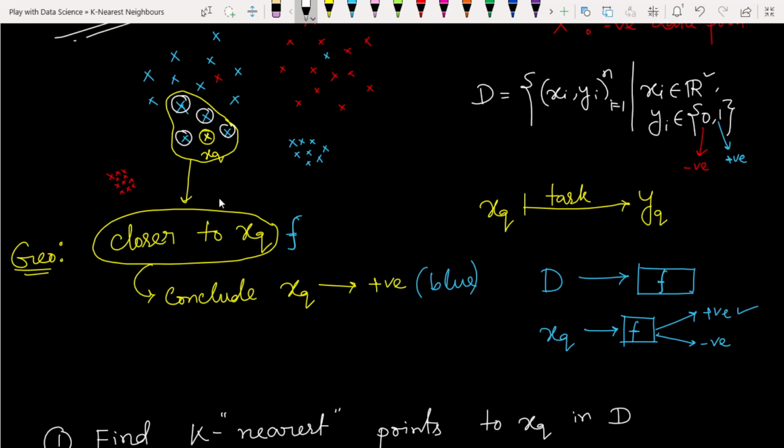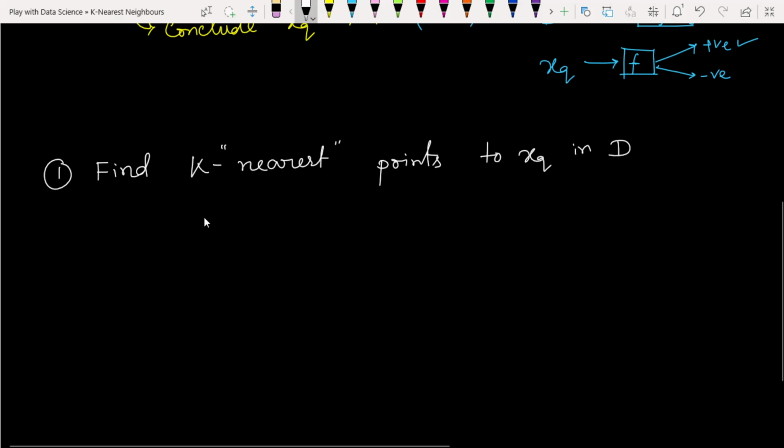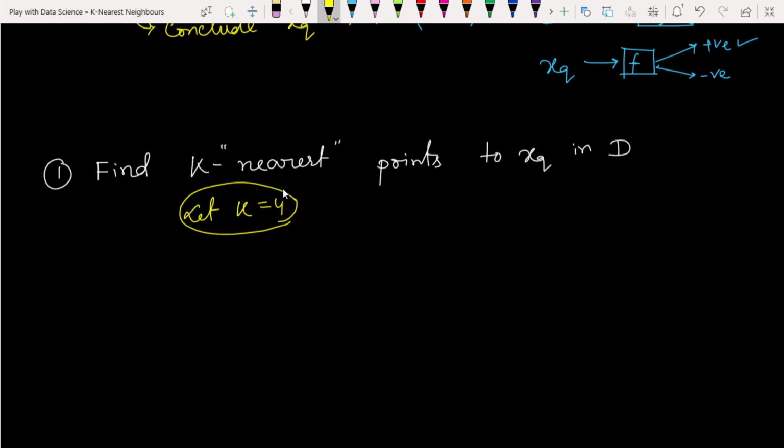These are the 4 closest points that I have chosen. So let k equal 4, as we saw from the above picture.